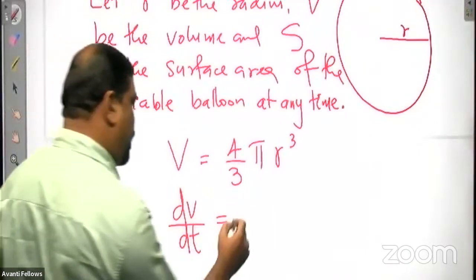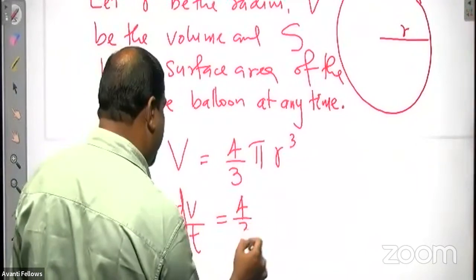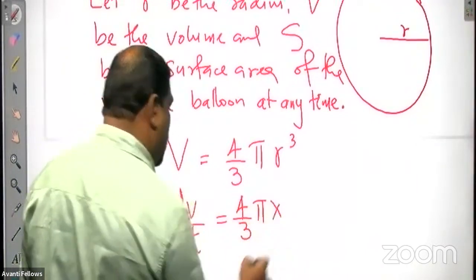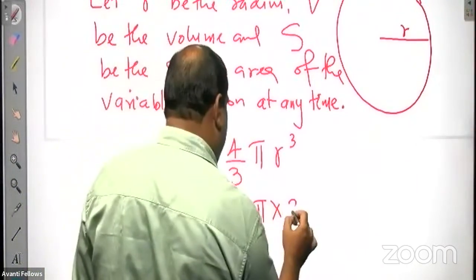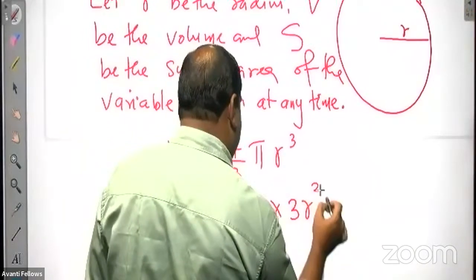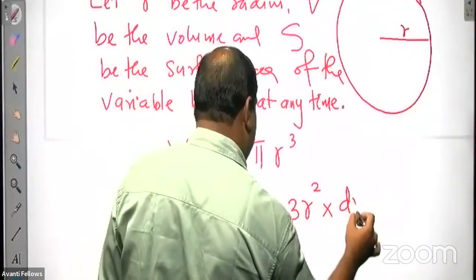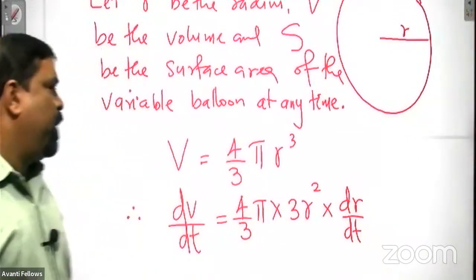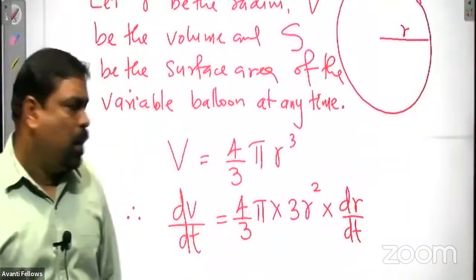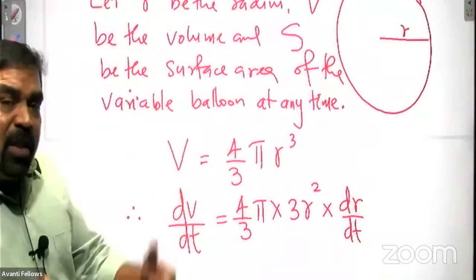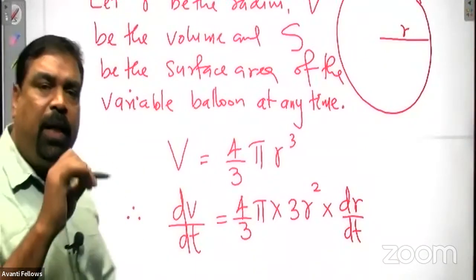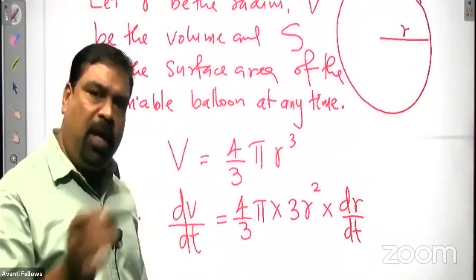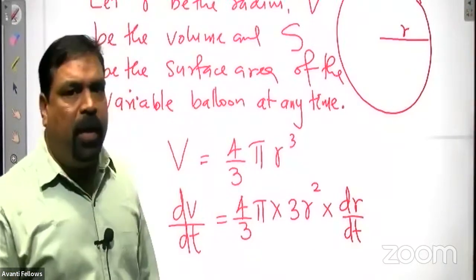is equal to, everybody can write the derivative. There is no difficulty. It's very simple. 4 by 3 pi, and the derivative of r cube with respect to t, d by dt of r cube, is 3r square into dr by dt.